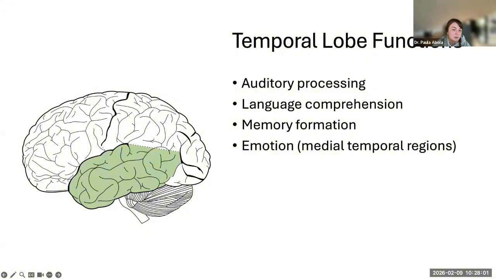And understanding the role of temporal lobes helps clinicians distinguish between different types of memory disorders and identify whether impairments are likely due to encoding, storage, or retrieval problems.